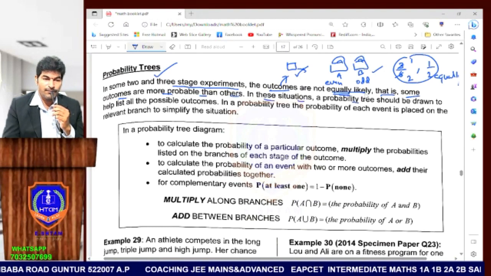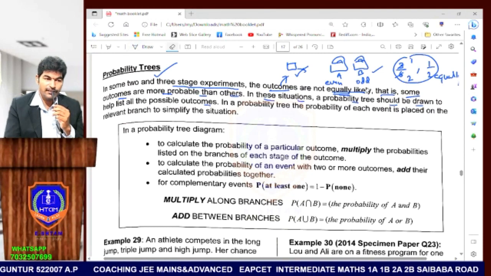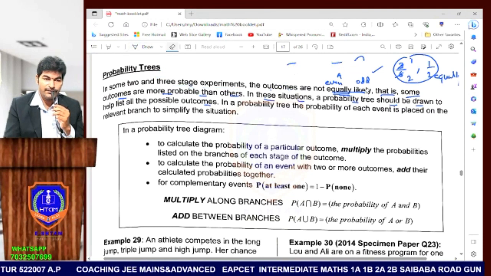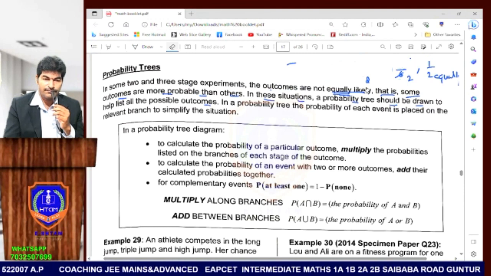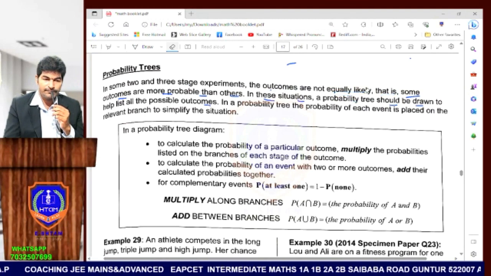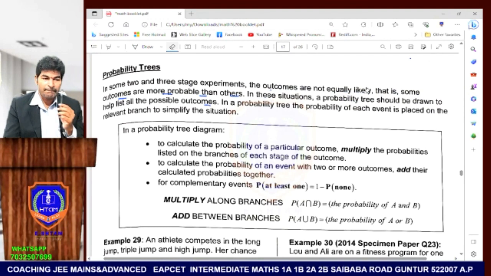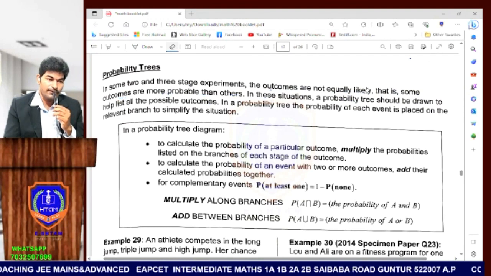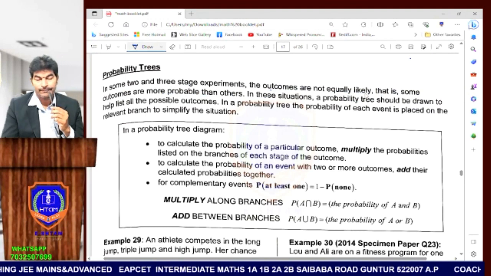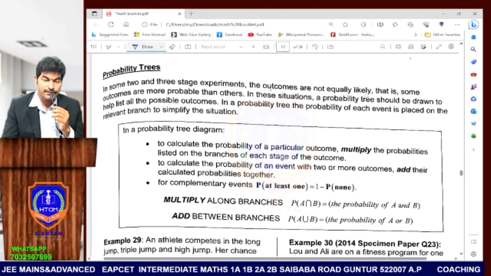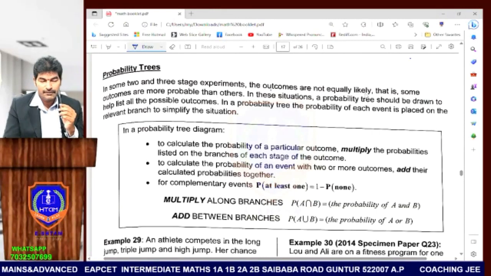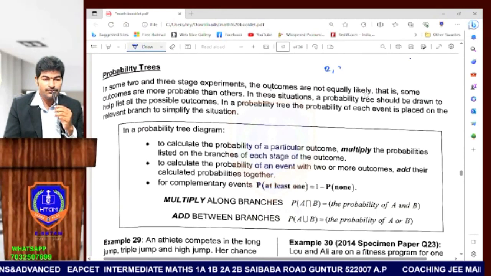In these situations, the probability tree should be drawn to help list all the possible outcomes. So which are not equally likely? Those whose probabilities are not the same. For example, if he said a prime number and a composite number: how many prime numbers are on the die? 2, 3, 5.